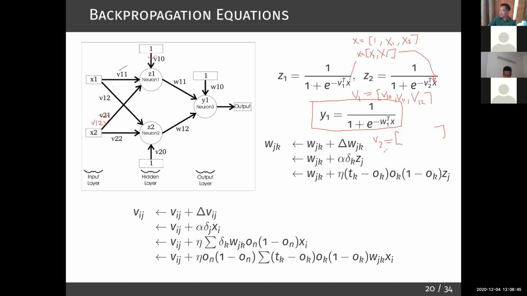So in this case, x will be 1, z1, z2, and your w1 will be, of course, the bias w10, w11, w12. Okay, so I think you're okay already with those symbols.